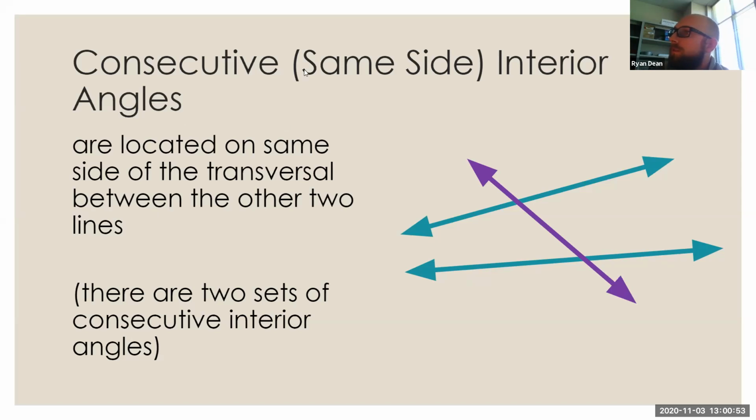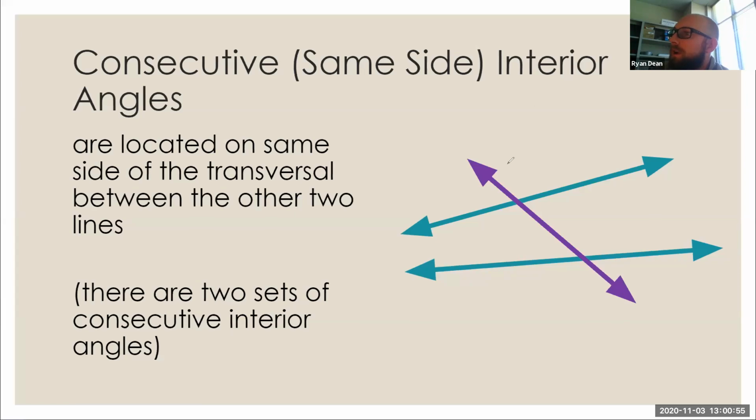So again, with these, just like with the alternate interior angles, they're both going to be on the inside. But these are going to be on the same side of the transversal. So a little bit different here.